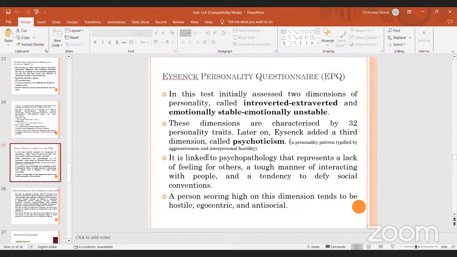Later, Eysenck added a third dimension called psychoticism, a personality type marked by aggressiveness in interpersonal relations, linked to psychopathology. A person scoring high on this dimension tends to be hostile, aggressive, and antisocial.